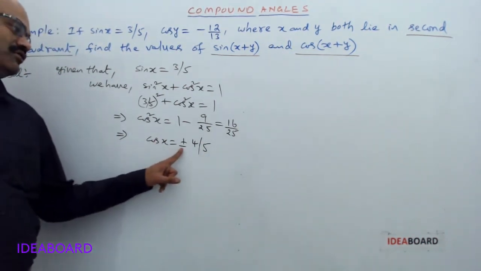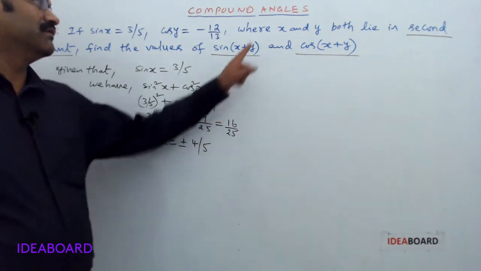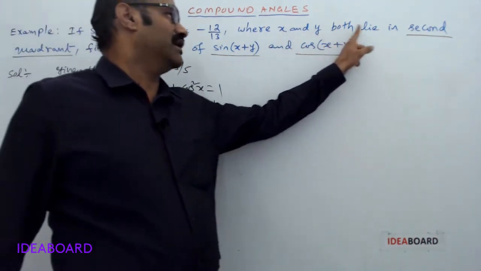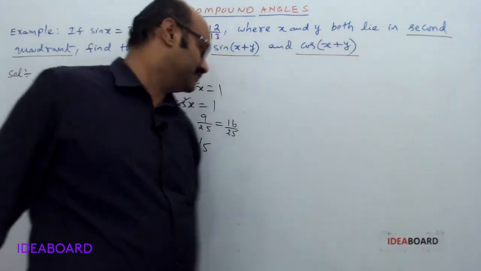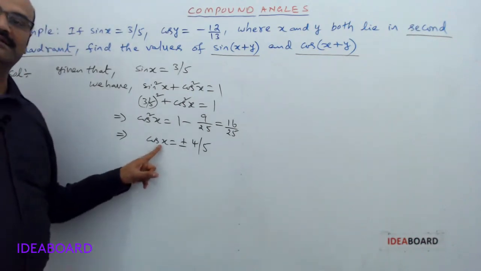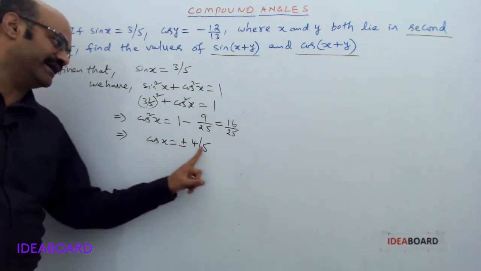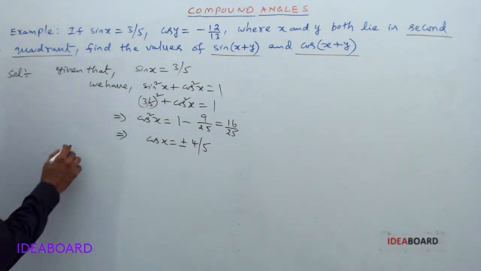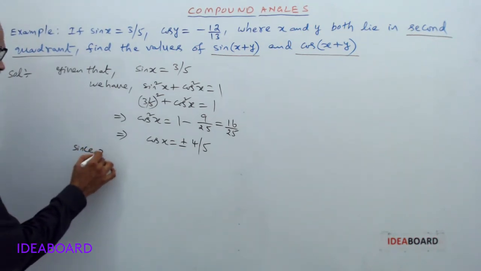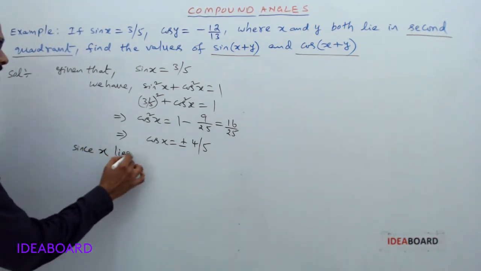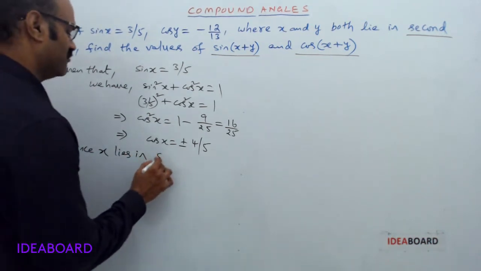Cos x equal to plus or minus 4 by 5, where x and y both lie in second quadrant. Since x lies in the second quadrant, cos x is negative.